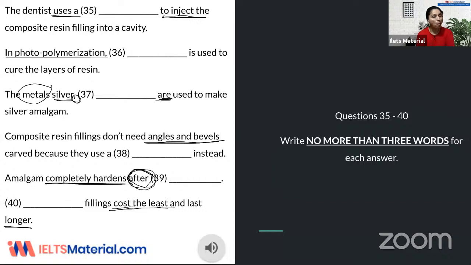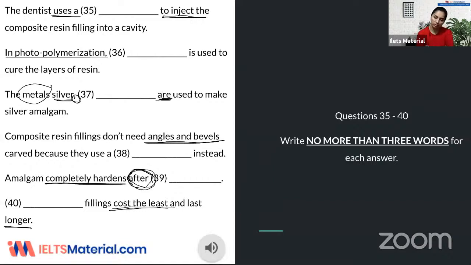With an amalgam filling, the dentist needs to remove more of the tooth to create retention grooves. This means carving certain angles and bevels into the teeth so that the filling locks into the structure of the tooth, a bit like a jigsaw. In this way, it is less likely to fall out. This is not necessary with composite resin, as it uses a chemical bonding process rather than relying on more mechanical retention.